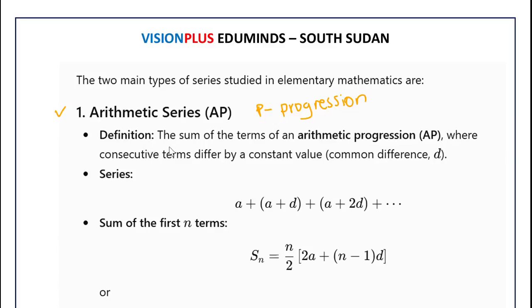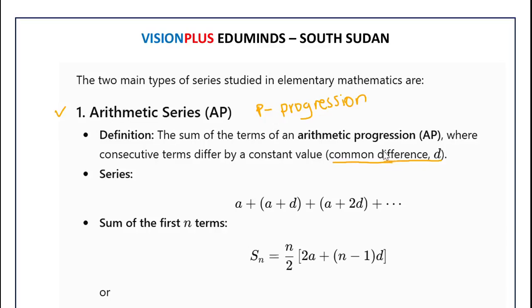So by definition, arithmetic series: the sum of the terms of an AP where consecutive terms differ by a constant value that we call a common difference. So remember, there are two types. How do you distinguish between them?